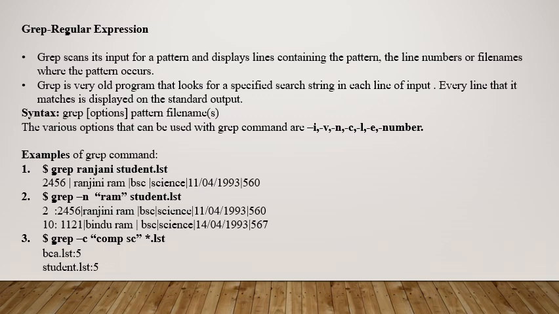The next example uses an option called -n. What is the purpose of the option -n? -n will give you the line numbers. Here I searched for the pattern Ram in the student.list file with the grep command.